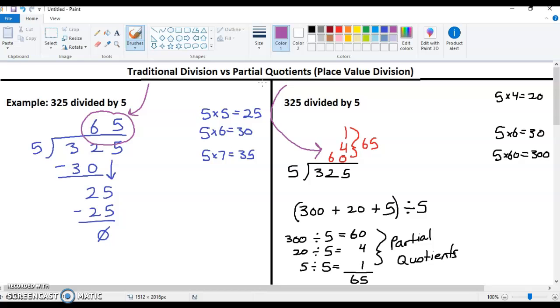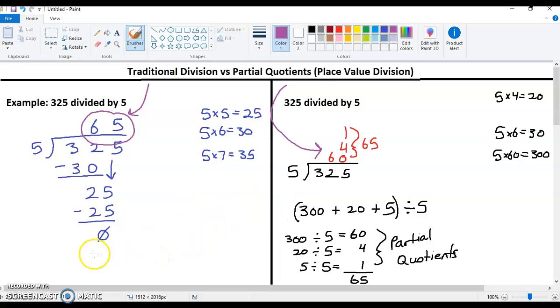So it doesn't matter what method you like to do. But if you're comfortable using place value, it's kind of fun breaking the numbers into expanded form. And this way you can do separate division problems or multiplication facts when these are broken up, because you can find the relationship between each number.